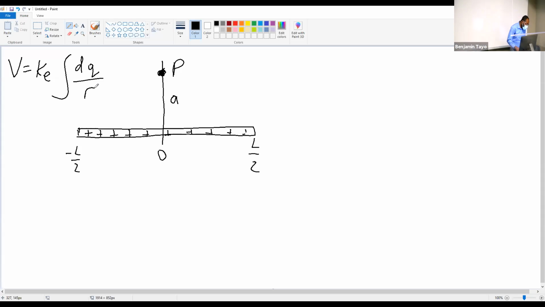So let's go ahead and do something like this. I'm going to cut a small area here, a small length, and we'll call this dx, such that the distance from here to here is x. Then the distance from my dx to that point is r.